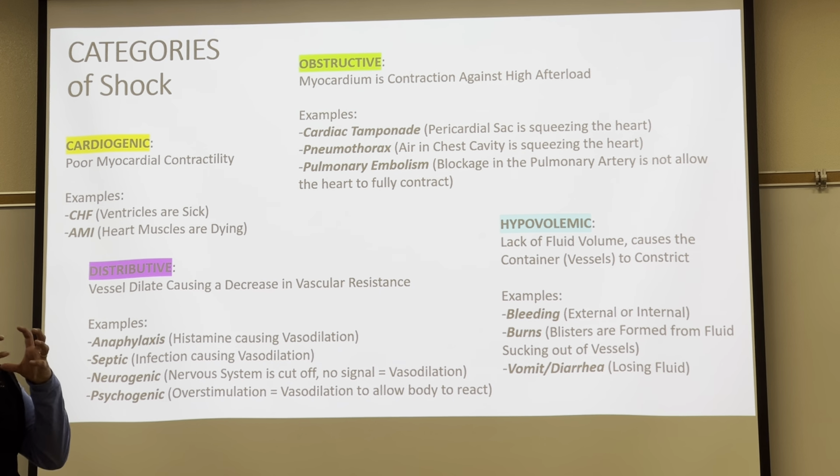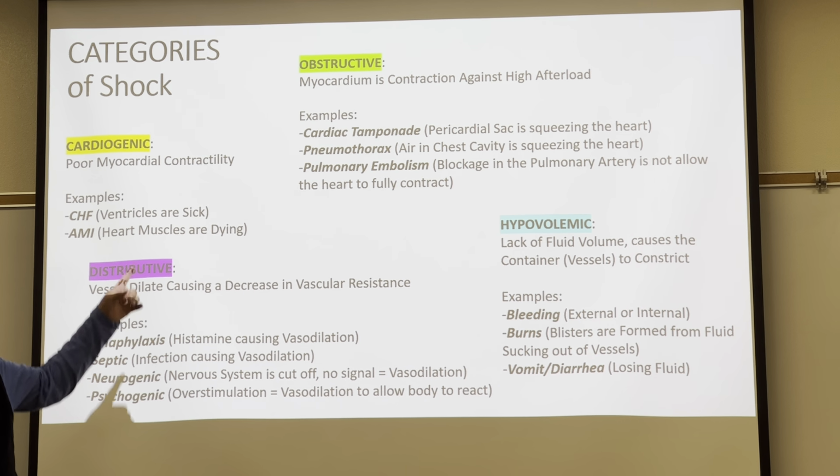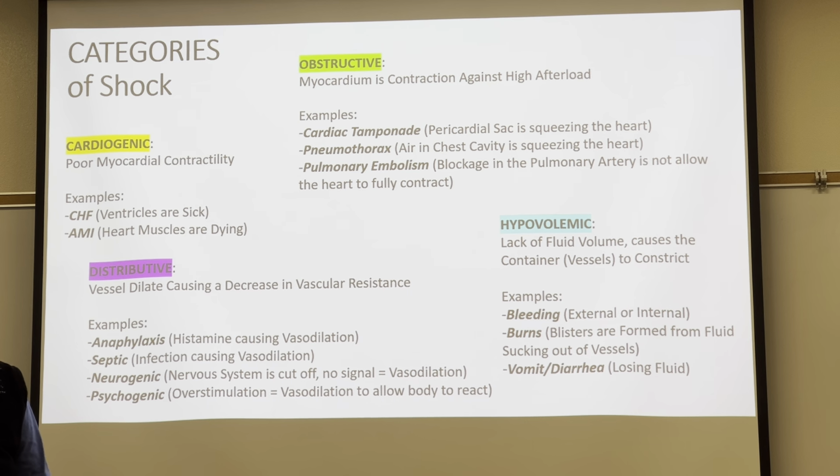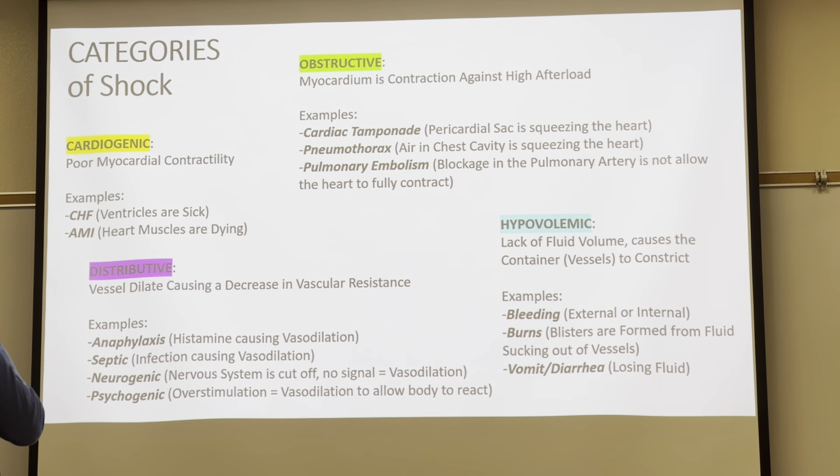So that fluid building up around the heart is obstructing it from fully compressing and fully resting. See how that works? Pneumothorax, is that the heart's fault? But that air building up in the chest cavity is just like the tamponade. It's squishing the heart. It's blocking it from working hard, and it's blocking it from resting.